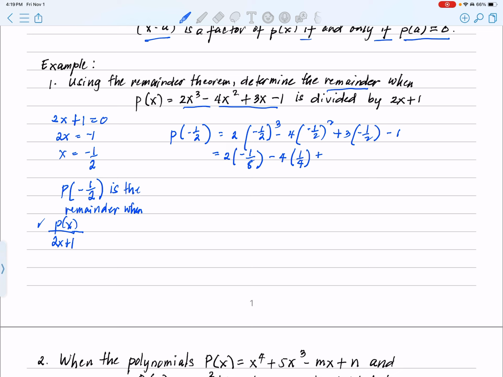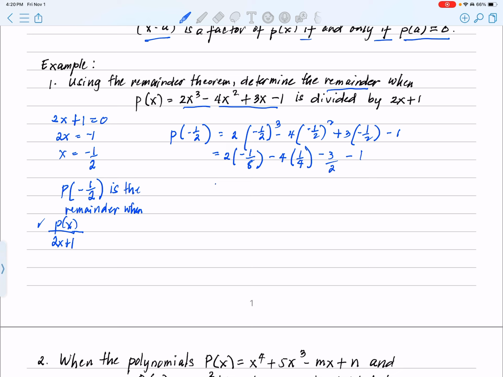That is negative 3/2. Okay, then minus 1.